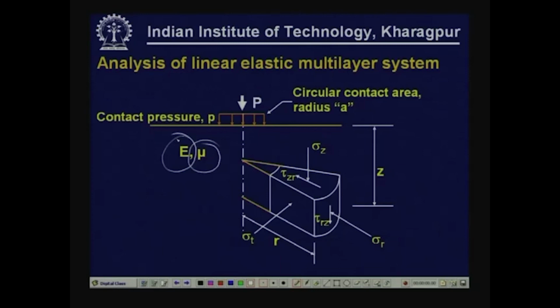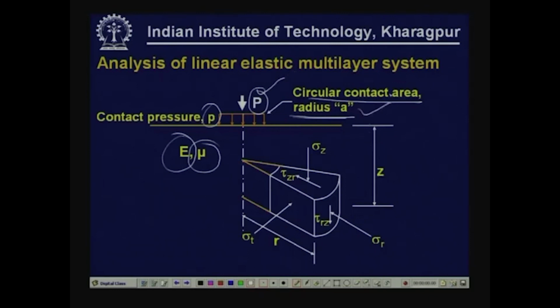In a single layer system, the pavement would be subjected to a normal surface load P distributed over a circular contact area with a radius of a, and the corresponding contact pressure can be calculated from the applied load and the contact area.